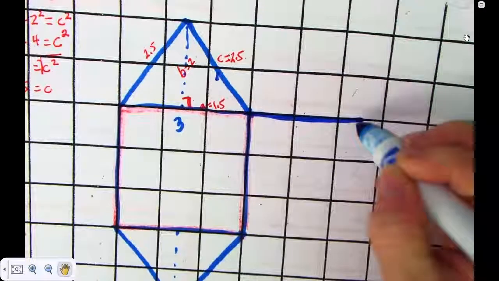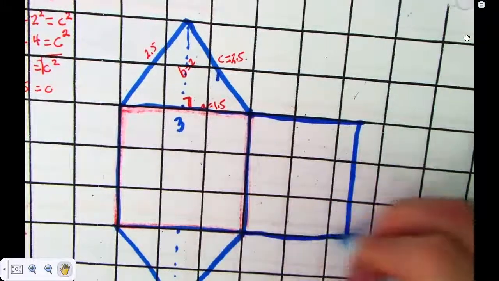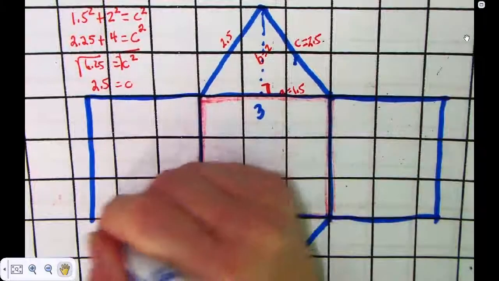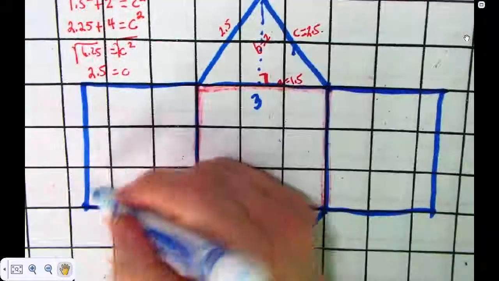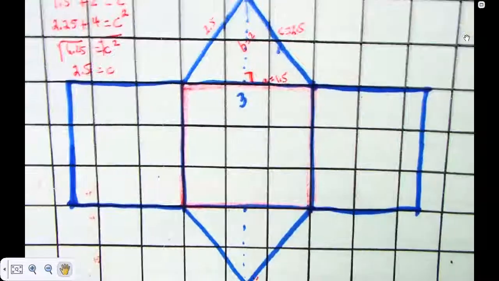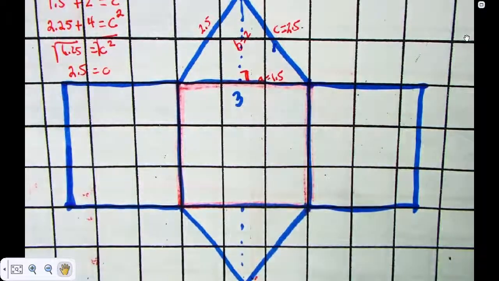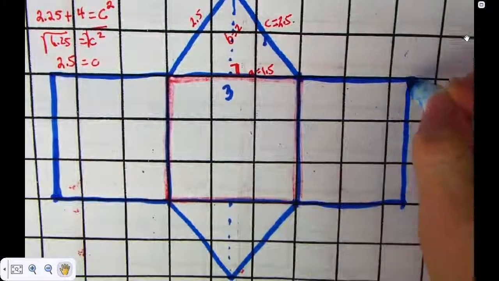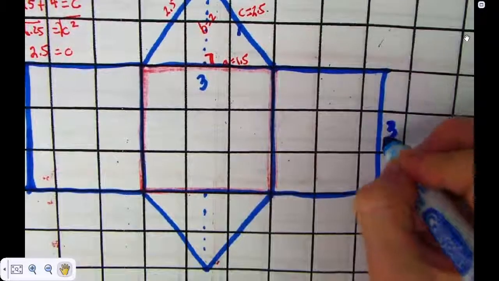So go over 2.5. Okay, everybody got it? Okay, so what is this right here? How many units? That's 3.